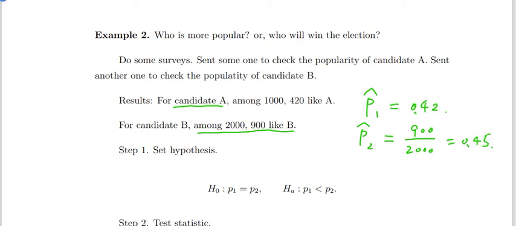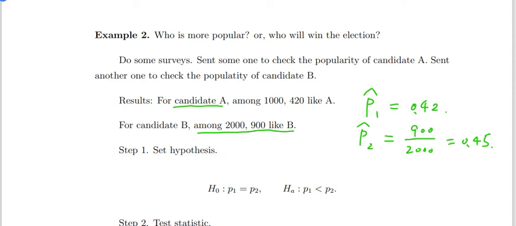So this guy is 42%, this guy is 45%. So we have evidence, right? It seems candidate B is more popular than candidate A.